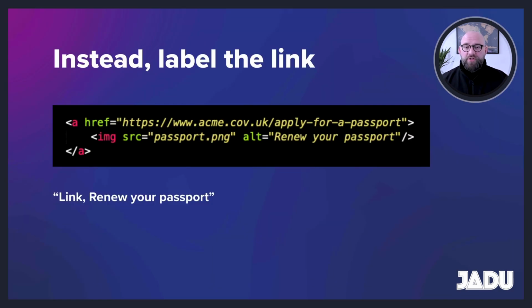Instead, we should use the image's alt text to label the link. In this example, we have the same link pointing at an apply for a passport page. However, this time, the passport image's alt text reads "renew your passport." In a screen reader, this makes much more sense, because the link will be announced as "link renew your passport."